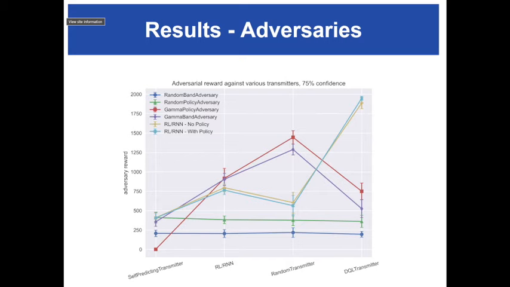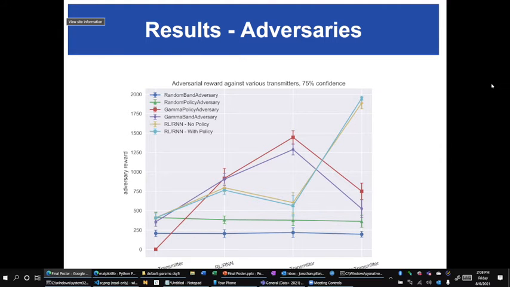But you can see some interesting results. For example, against the random transmitter, the gamma and the two gamma adversaries, which are the mathematical base, are doing the best. So again, against this randomness, these reinforcement learning agents can't figure out what's the best strategy to follow.